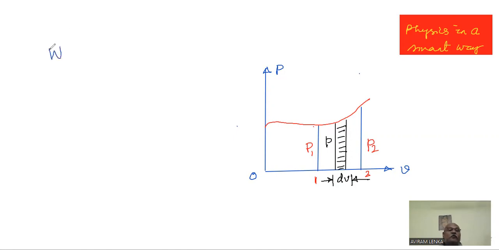Thermodynamic work can be expressed in the form P into delta V. There, we don't have to be so careful about vector direction and all those things, because mostly the work is done in a cylinder piston arrangement. So P into delta V, that is pressure into final volume minus initial volume. If final volume is V1, initial volume is V0.